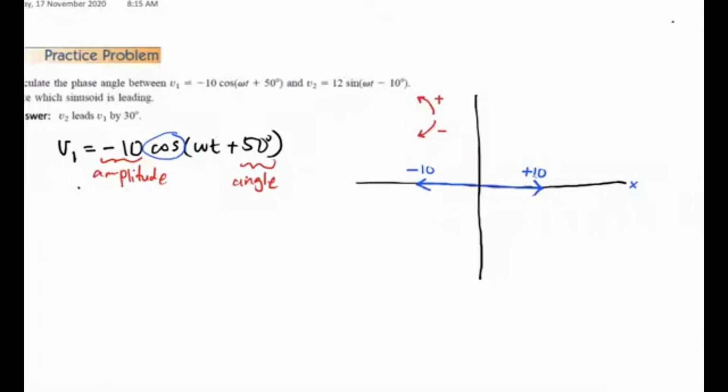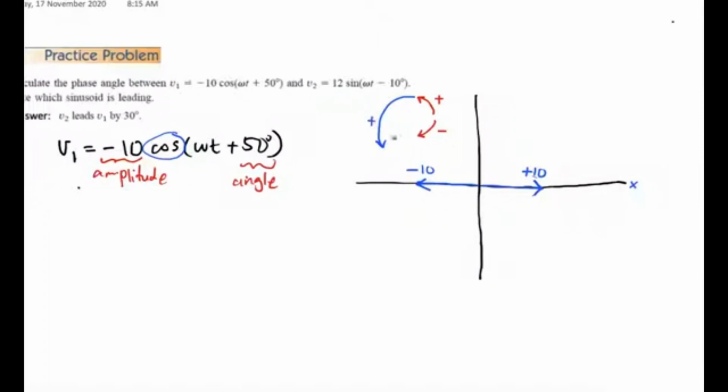So when you have the initial point here, this negative 10, and then you want to move positive 50. Positive 50 means in this direction. So when you continue in this direction, from here you need to move downward.